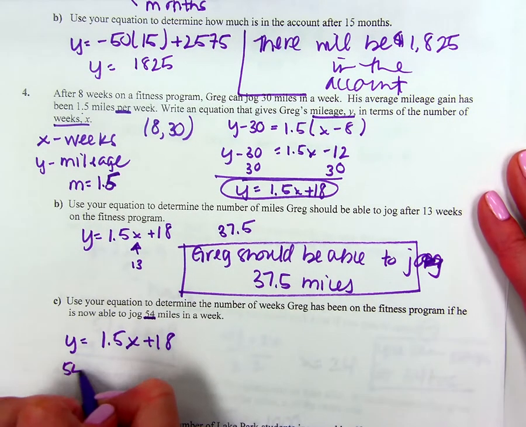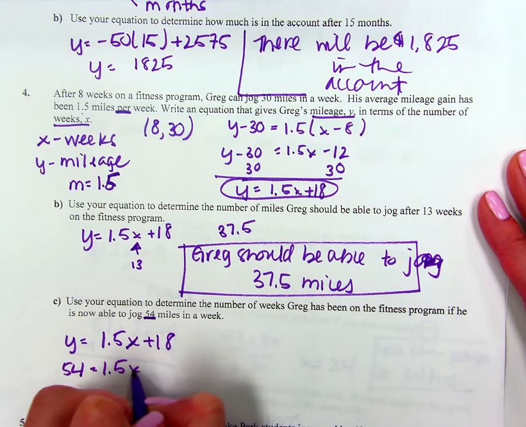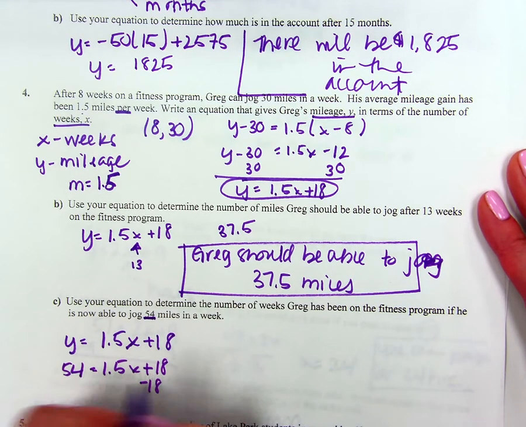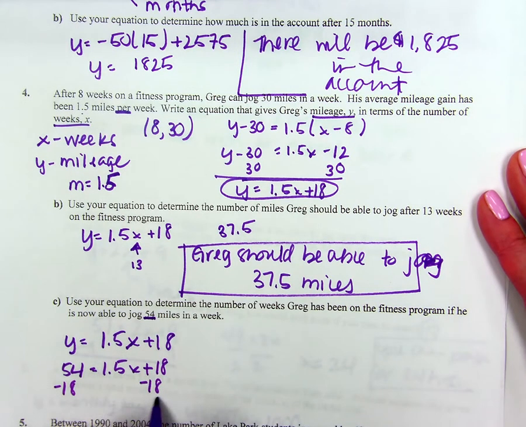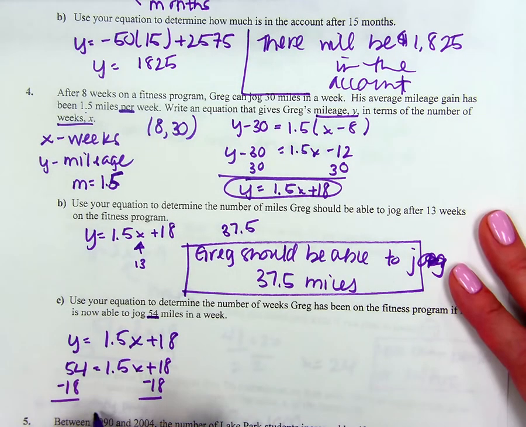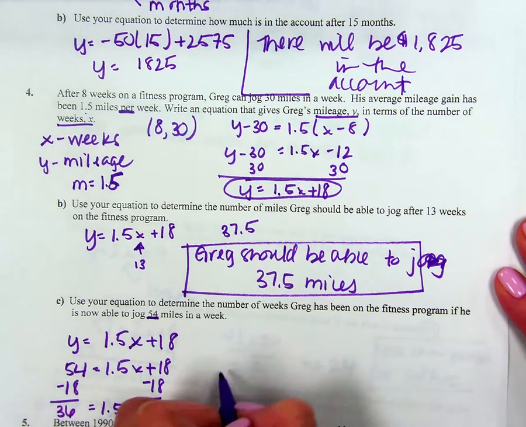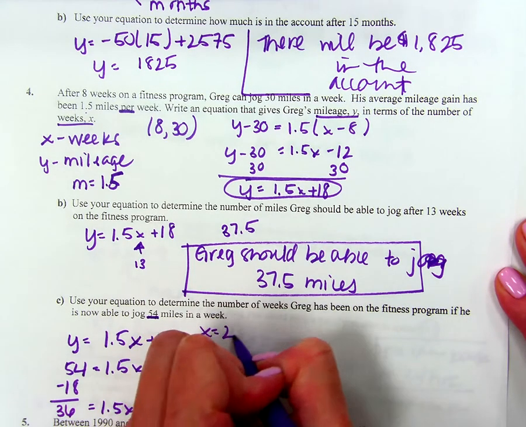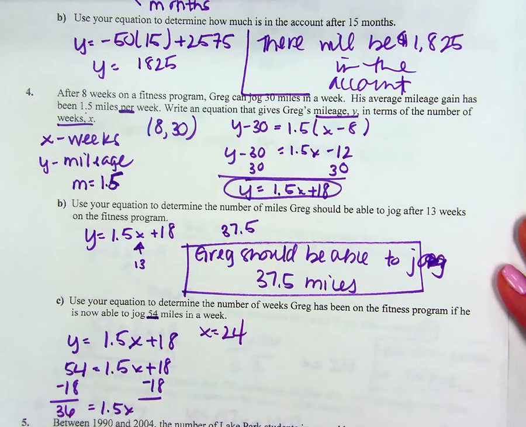So I'm going to put in my 54 there. And then I'm going to solve for my x. So I have 36. And so my x equals 24. So it's been 24 weeks.